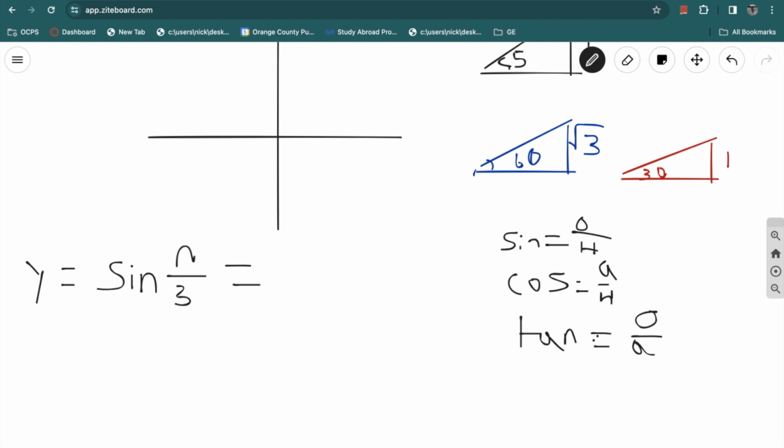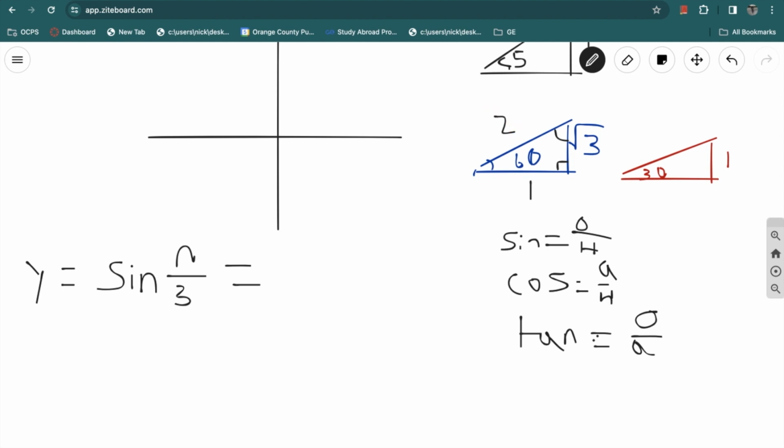Now, in a 60-degree triangle where we have a right angle, there's always going to be a 30-degree angle at the opposite, right? So we know that on a 30, 60, 90, the opposite of 60 is square root of 3, but the opposite of 30 is 1. And the hypotenuse is going to be 2.